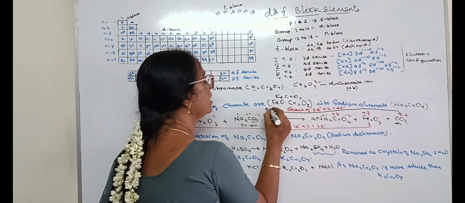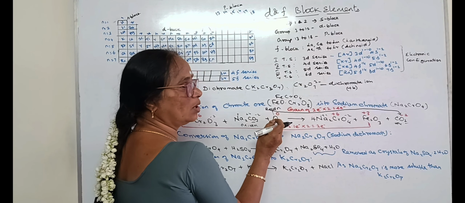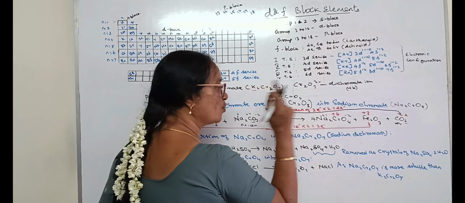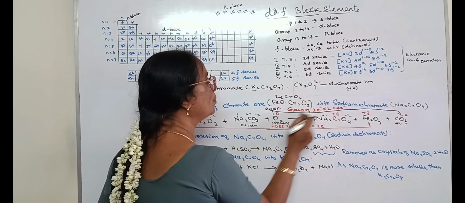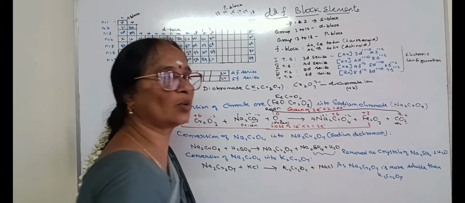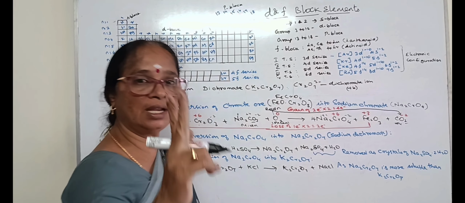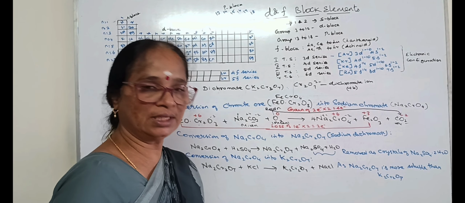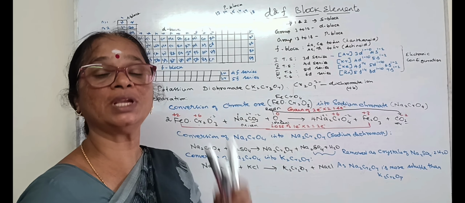So here there are 2 oxygen atoms in a molecule of oxygen. Therefore, for 1 oxygen, if it gains 2 electrons, I have to multiply by the number of oxygen atoms. So oxygen requires 4 electrons, but iron can give only 2 electrons. During the redox reaction, the number of electrons transferred must be the same.